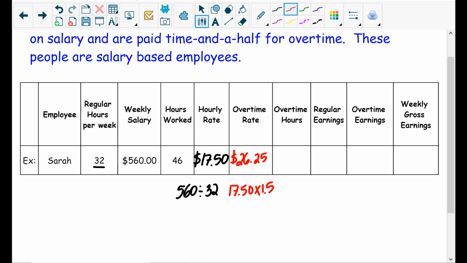Overtime hours then: we worked 46, we're paid for 32, so that gives me 14. Regular earnings is 560, right here, it's our salary.